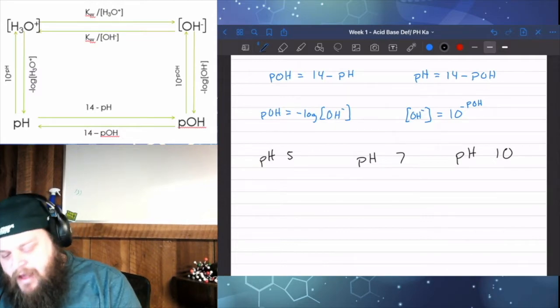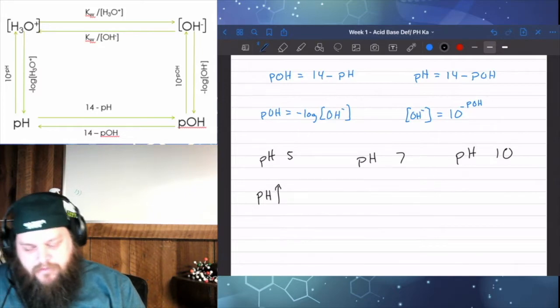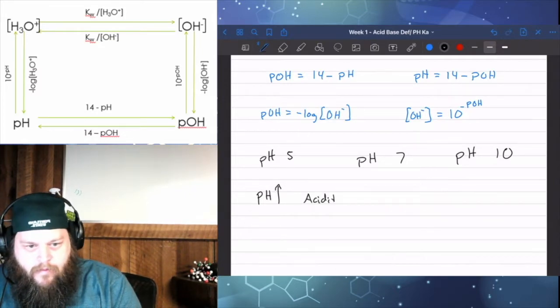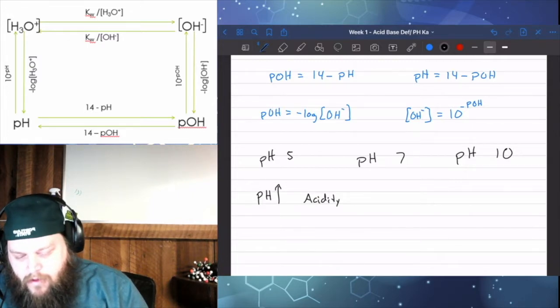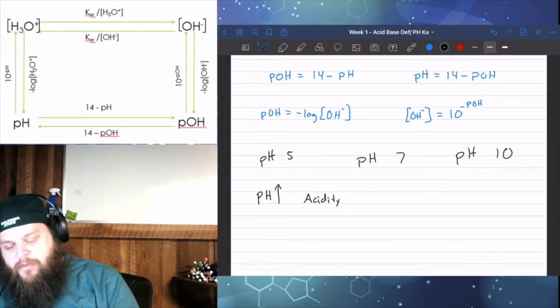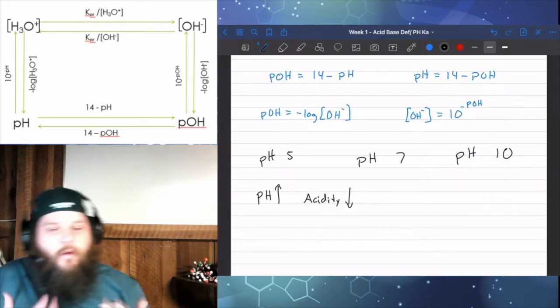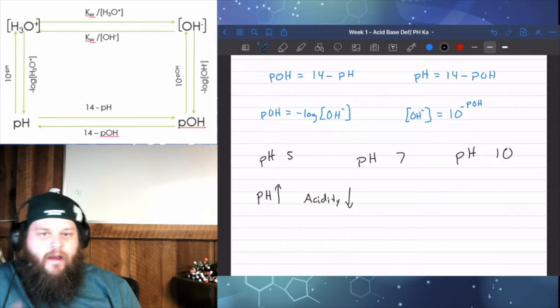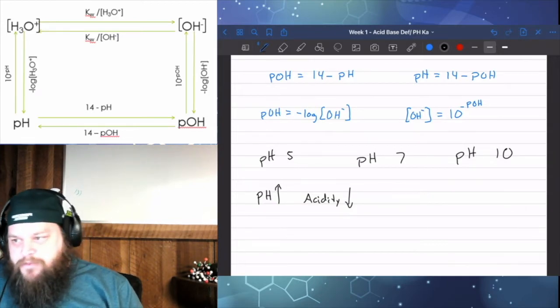So as the pH value increases, the acidity actually goes down. So the more acidic compounds are going to have a lower pH value.